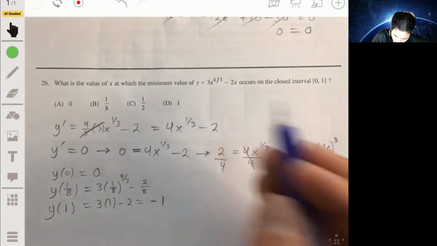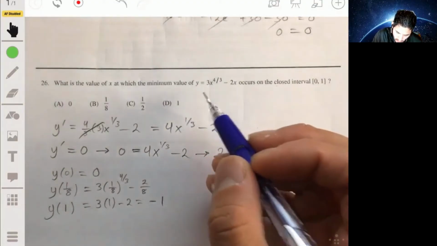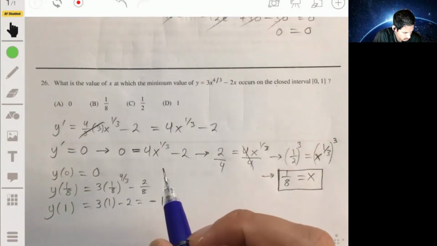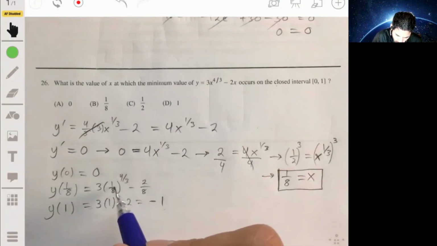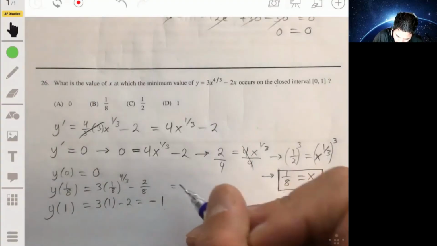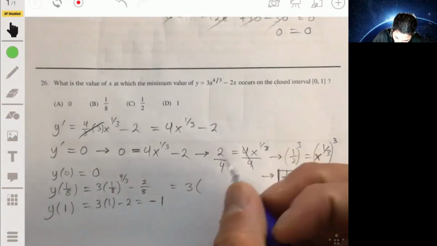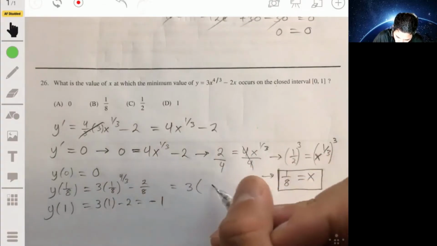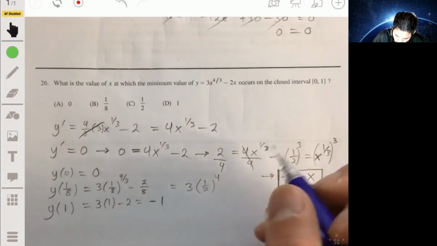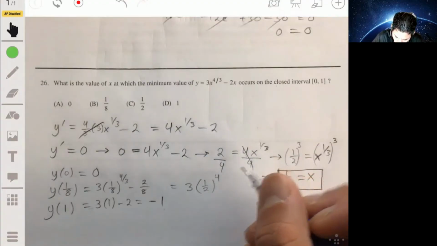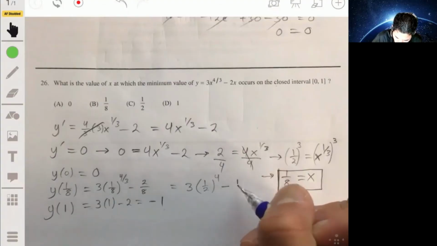So 3 times the 3rd root of 1/8, so it'll be (1/2)^4, and minus 1/4.